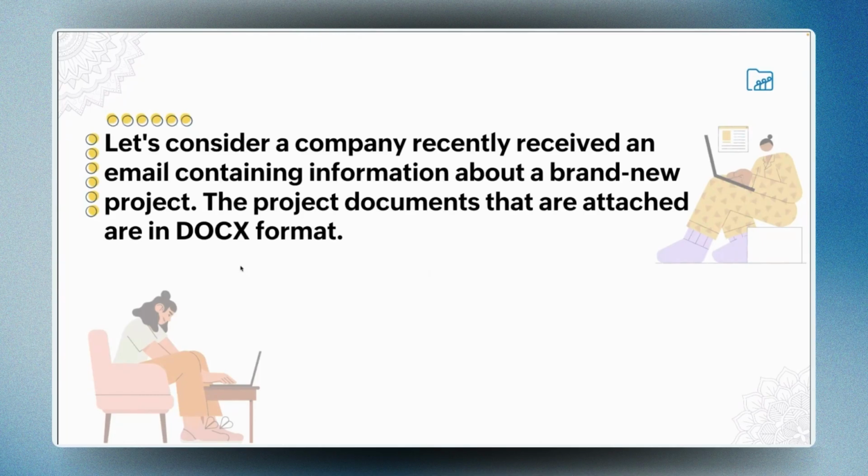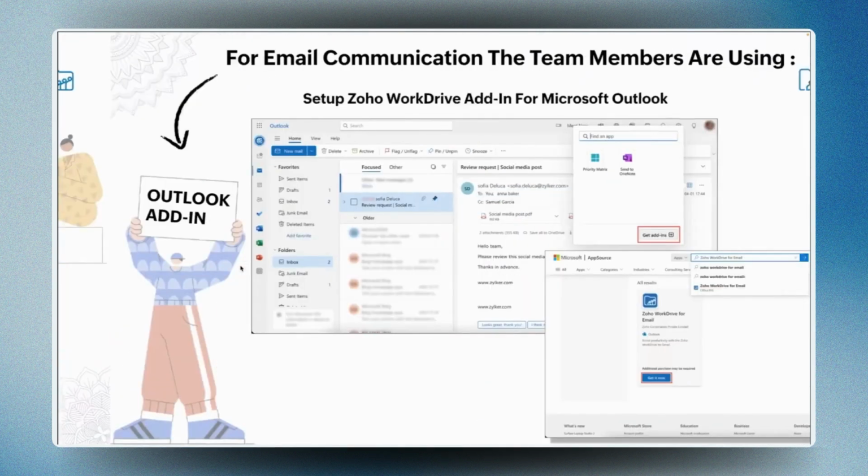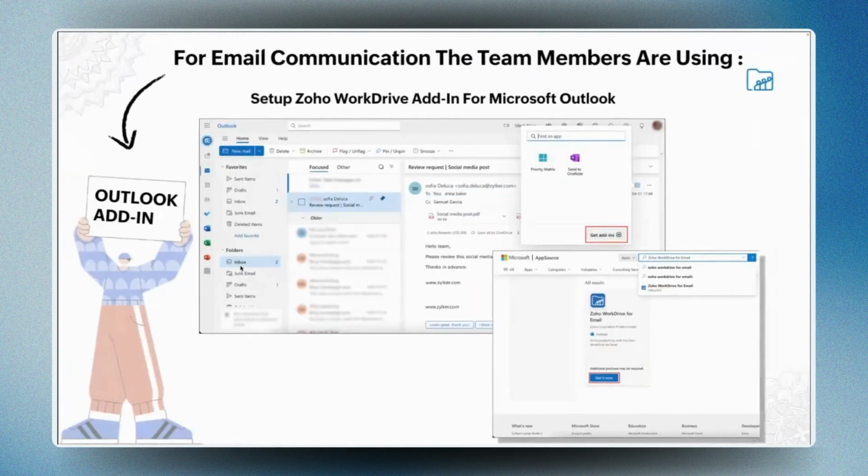Various departments can then access and input their suggestions into this docx project file through this add-on, ensuring seamless collaboration across teams. In order to utilize this add-in, the team should first install the app. The WorkDrive add-in for MS Outlook can be installed in either of two ways: directly from the MS Outlook app, or from the Microsoft AppSource.